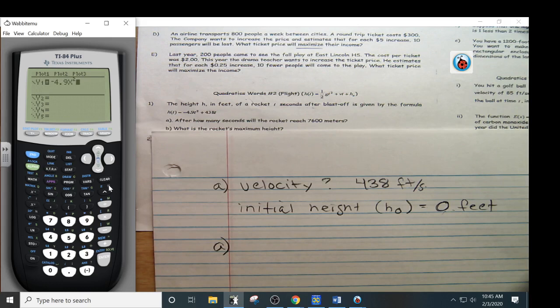So it's going to be x plus 438 x. All right. So, guys, I typed my equation in. All right, now. Press graph, guys. You may see it or may not see it. Now, guys, for everybody to be on the same page, let's hit zoom 6. Zoom 6 is standard window.